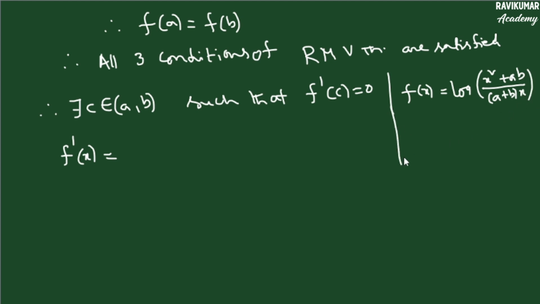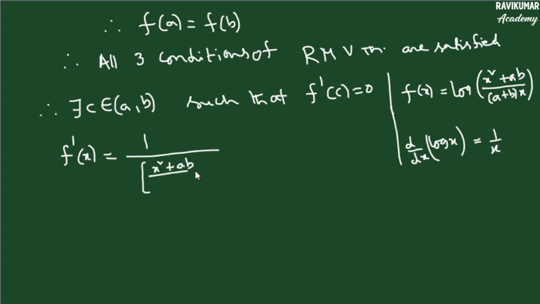So what is the derivative of log x? Log x derivative is 1 by x, right? So for log of something, the derivative is 1 by something. Whatever is inside it, we must get here (a plus b) into x. So 1 by something multiplied by the inner derivative also.